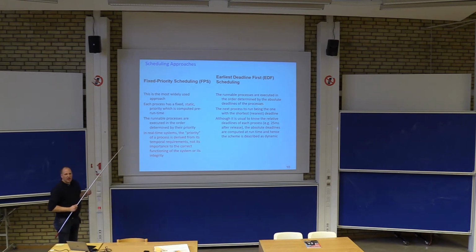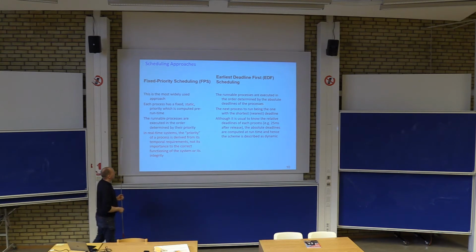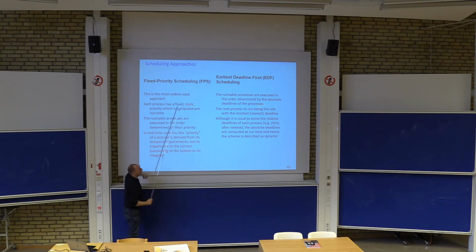So it does not necessarily mean that just because a process has higher priority, it is more important than some other task. Because the priority will influence when the different tasks are executed. So that's why we say that they are typically derived from the temporal requirements. But this is the standard way.